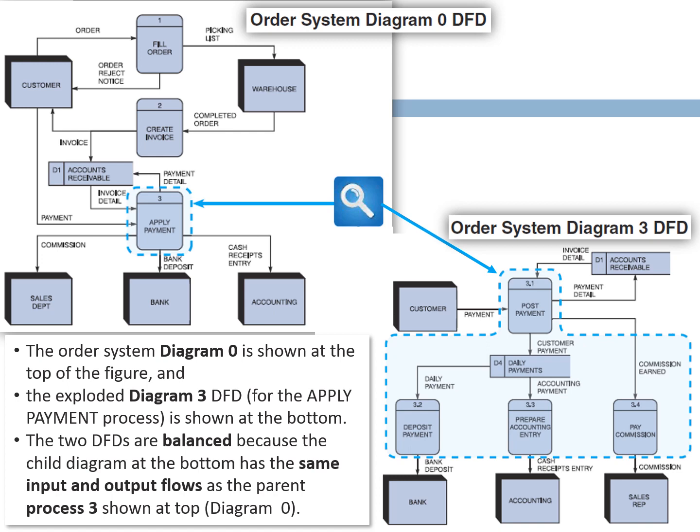Apart from that, there are three other data flows going out of apply payment to the sales department, bank, and accounting, and they are also represented in diagram 3. So it is balanced. All the data flows going out and going in of the process are shown in the exploded diagram 3 DFD.